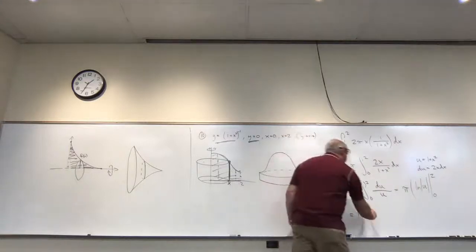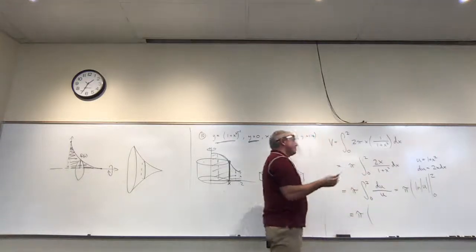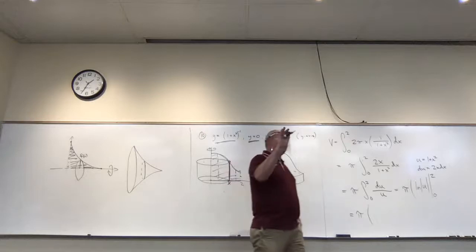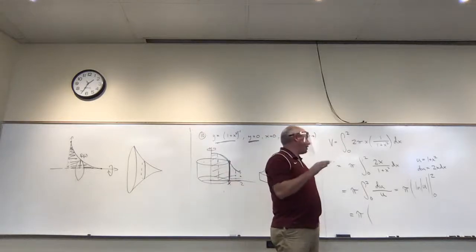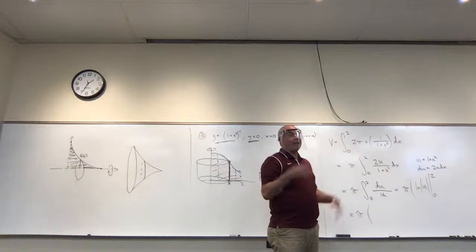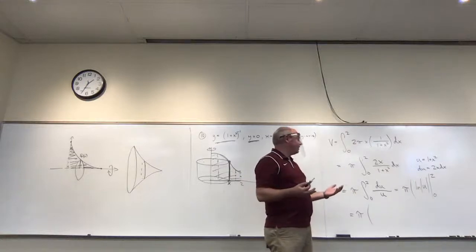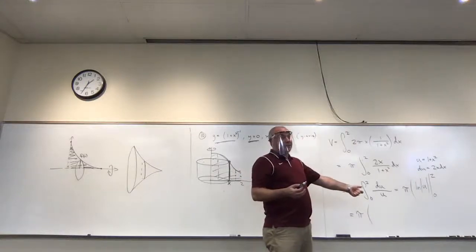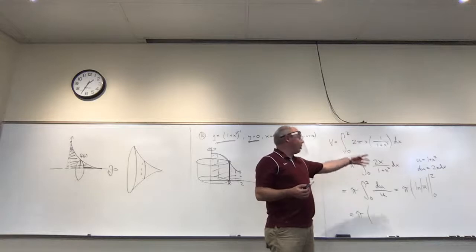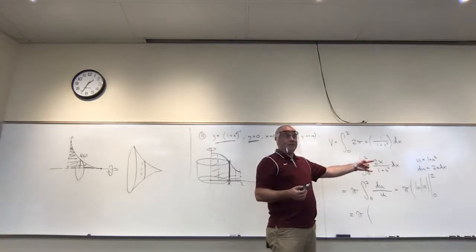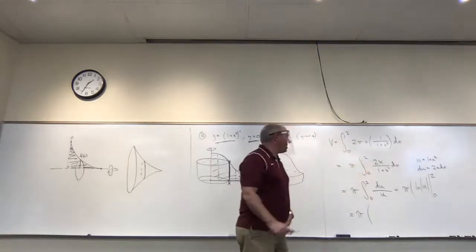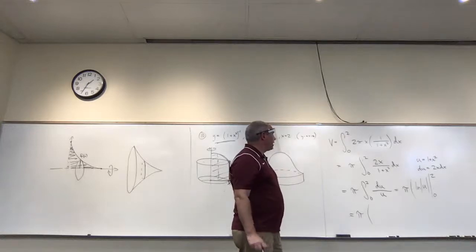Then I want to plug in 2. Obviously, the absolute value. If you would have used u and not absolute value of u, everything would have been fine this time because it's the absolute value of all positive things, right? But if not, that would have been more challenging.